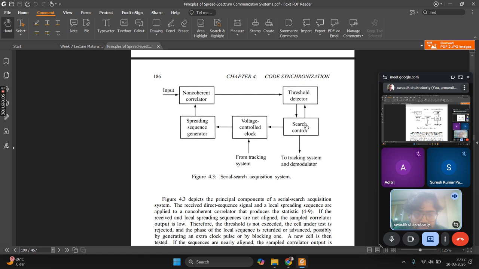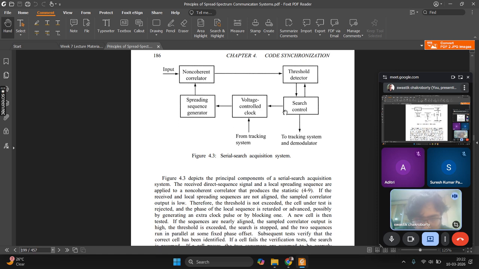So this is the feedback mechanism. If there is a correlation output, then that is given to a threshold detector. This threshold detector will give a search control, which goes to the voltage control clock and the spreading sequence generator.